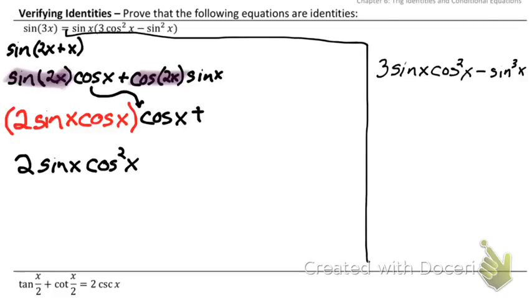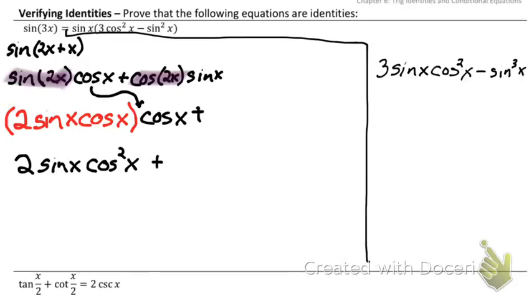So all I did is I multiplied this cosine x times this, which would give me that. Remember, I'm still missing stuff. Notice I have 2 times sine x cosine squared x.